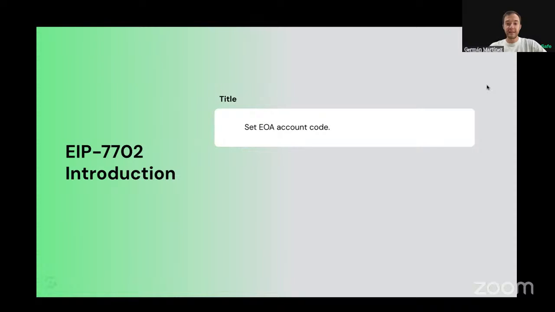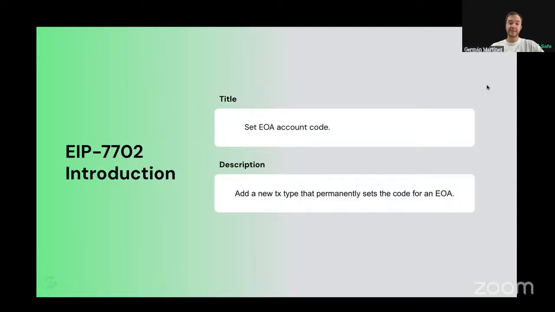With the title "Set EOA account code" and the description "Add a new transaction type that permanently sets the code for an EOA", this EIP is for Ethereum a step forward towards full account abstraction by enabling EOAs to run smart contract code directly from their account, from their address.